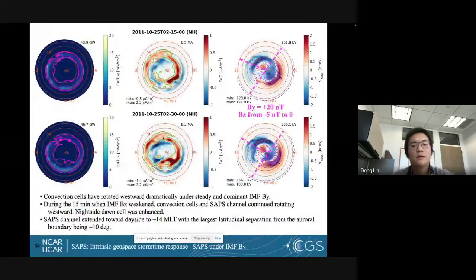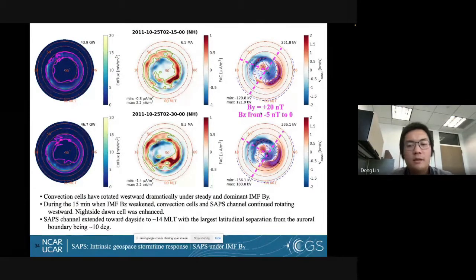So we used the simulation results to understand the behavior between these two satellites. Again, there's a very strong positive BY as a background, and the BZ has some decreasing or weakening southward.